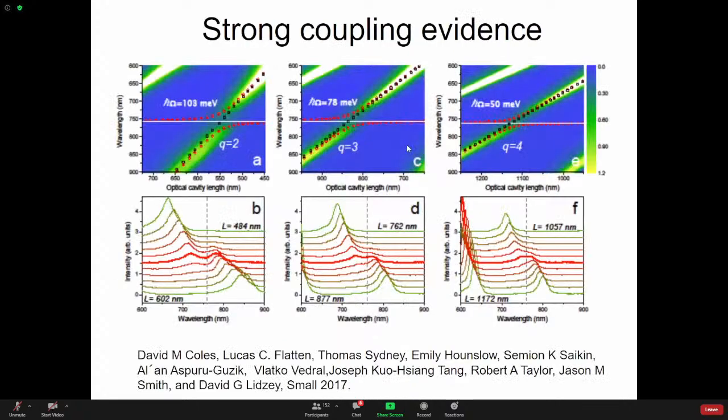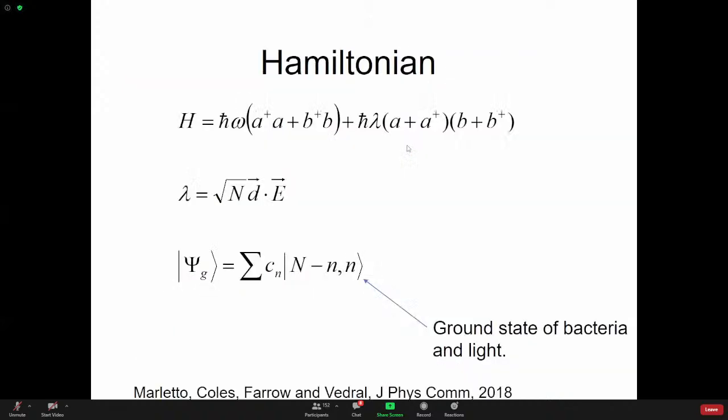And what Dave observed, like I said, is the vacuum Rabi splitting. As he was changing the size of this microcavity, he was bringing various energy levels in and out of resonance with the surrounding quantized electromagnetic field. It's this vacuum Rabi splitting that he was able to observe for different energy levels that I showed you in this experiment.